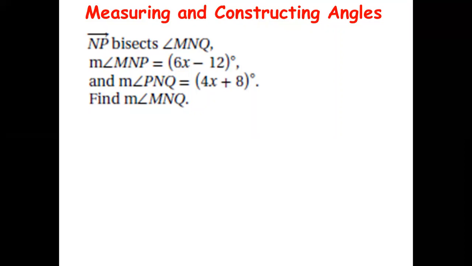Try to put that in a picture in your mind, or even draw it down so that it will be easy for you to solve it. So the options for you are 180 degrees, 10 degrees, 48 degrees, and 96 degrees. So your time starts now.